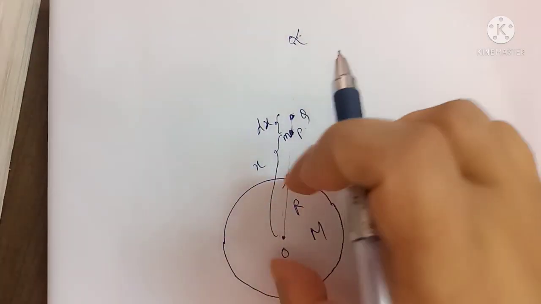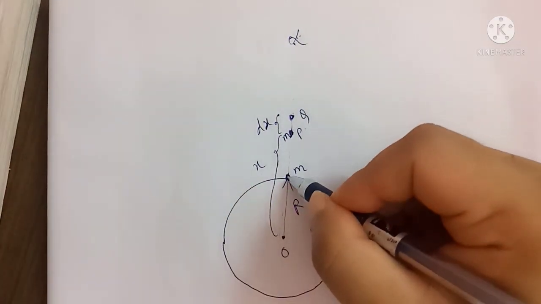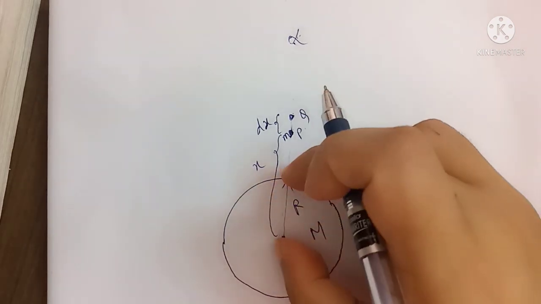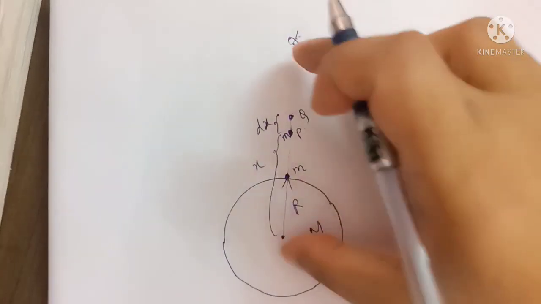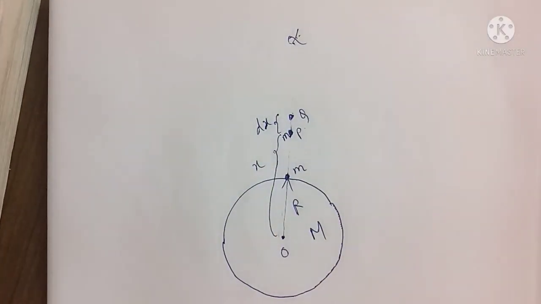Because when the object of mass m is at the surface of earth, the distance between the planet and the object is r. When the object is at infinity, distance is infinity. So limit of x will be r to infinity.